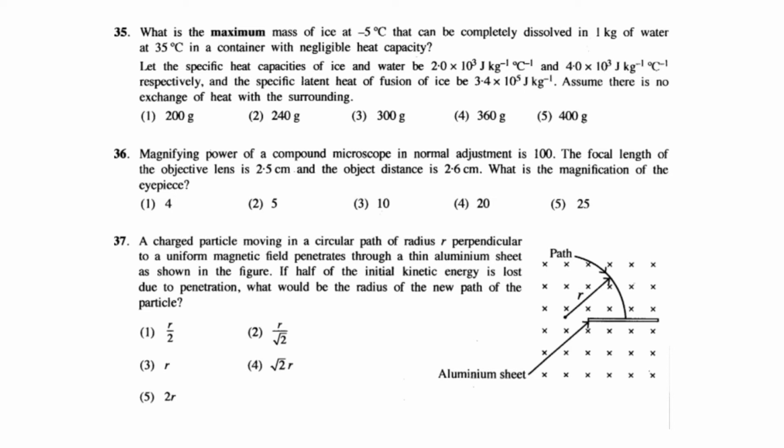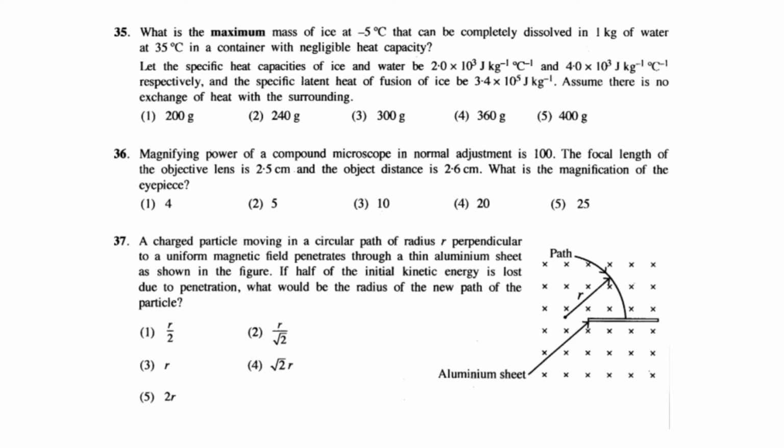Let's take the lens equation. 1 over V minus 1 over U equal 1 over F. We need V over U. For the convenience, we multiply the whole equation by U. Then we get U over V minus 1 equal U over F. Then U over V equal U over F plus 1. Now substitute the values with the sign convention.